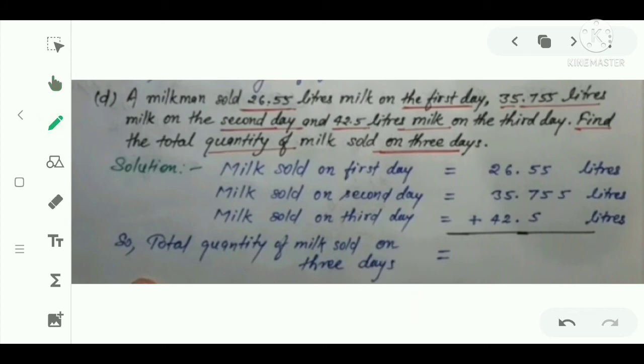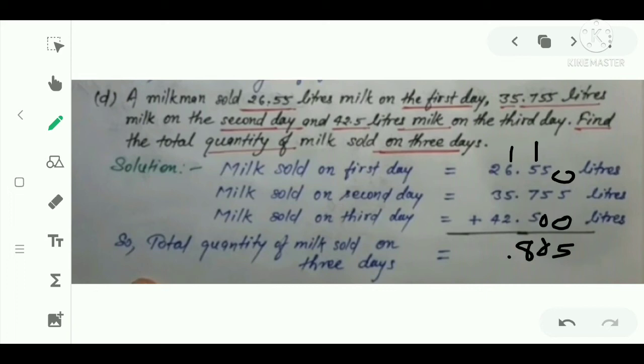So look here, 5, here is nothing, so you can write 0 here. 5 plus 0 plus 5 is 5. Now 5 plus 5, 10. 0 you can also write here, because under this here is nothing. So 5 plus 5 is 10, 0 we will write here, 1 is carry. Now 5 plus 5, 10, 10 plus 7, 17, 17 plus 1, 18, 8 we will write, point, 1 is carry.